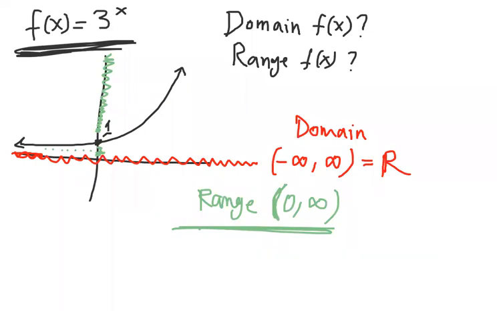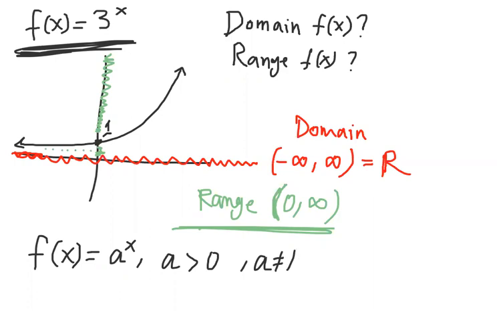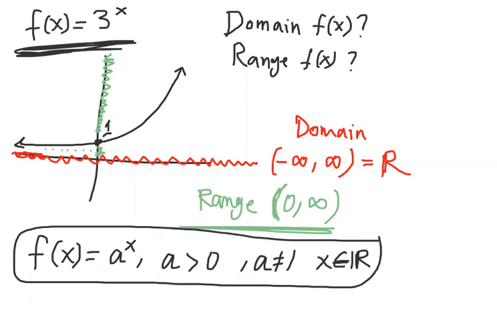I mean, f of x equals a to the x, such that a is greater than 0 and a is not equal to 1, and x belongs to the real numbers. For any function like that, the domain is always R and the range is always from 0 to infinity. But a must be greater than 0.